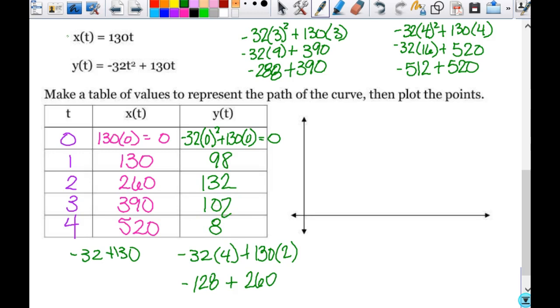I have two equations, an x of t and a y of t, with my new variable t. Unlike other times when you have made charts and gone to plot the points, all of this stuff doesn't go on the graph. The t-values don't actually get plotted. The t-values give you the x and y values, all right? Since the golfer hit the golf ball, this is kind of like the king that was throwing apples at his people.